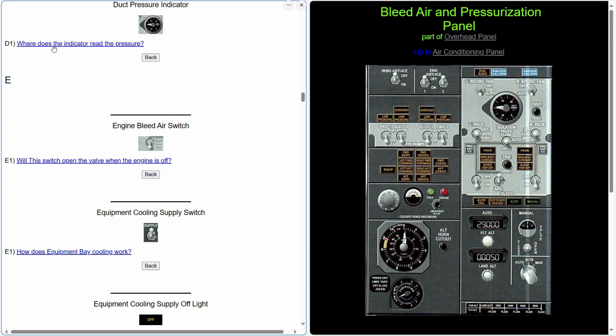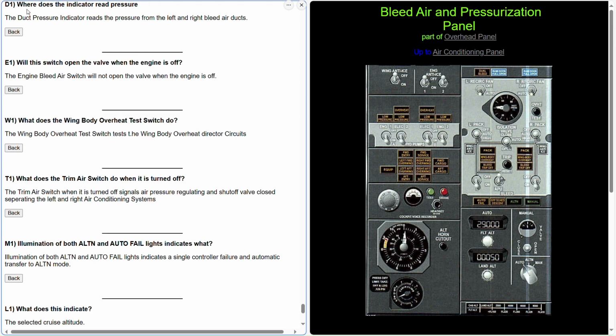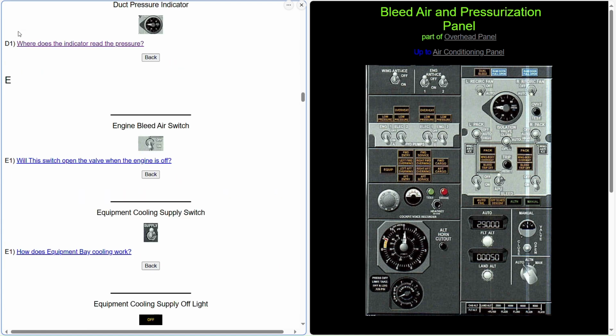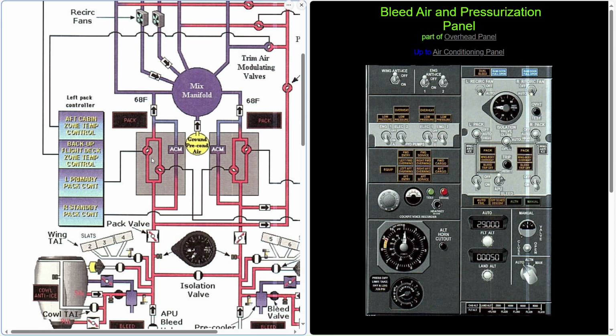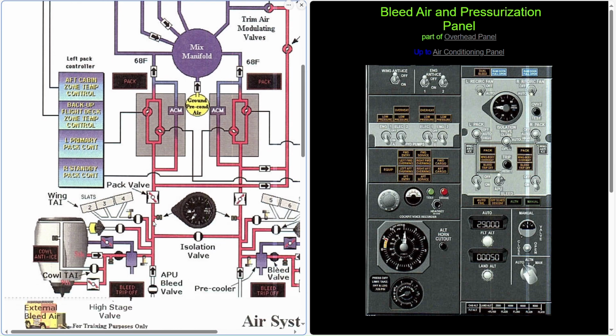Where does the indicator read the pressure? You can click on it. It says the duct pressure indicator reads the pressure from the left and right bleed air ducts. So if we go back here and then we go to the schematics, you can see that right there. That's where it is. So you have all the information you need, not only to get the oral questions right, but you have all the information to know where you got it.